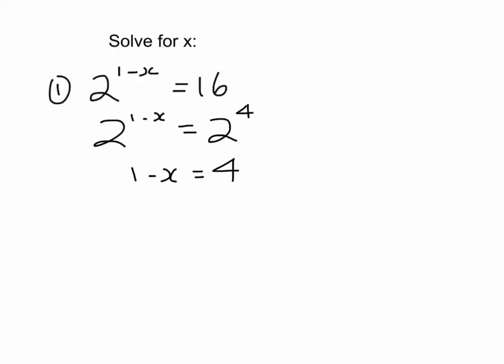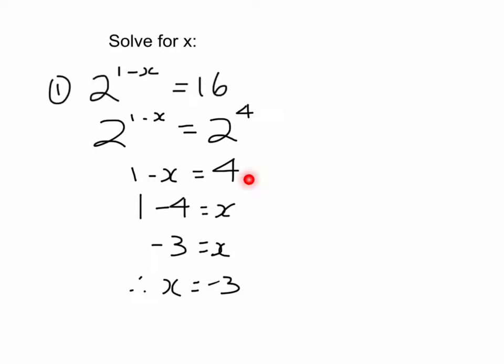A little bit of a trick to get x by itself is to swap the 4 with the x. So you have 1 minus 4 equals x, and then that gives us negative 3 equals x, which is our final answer.